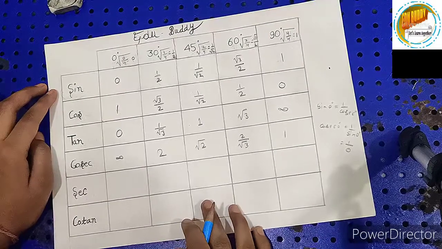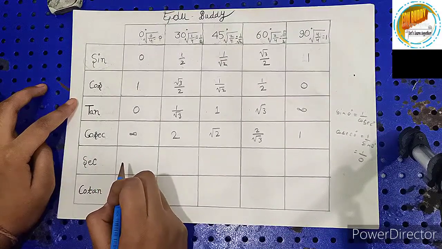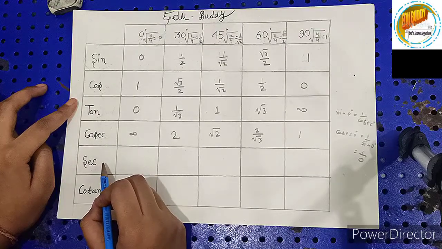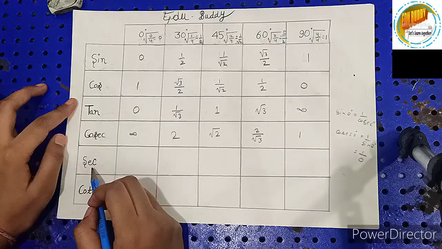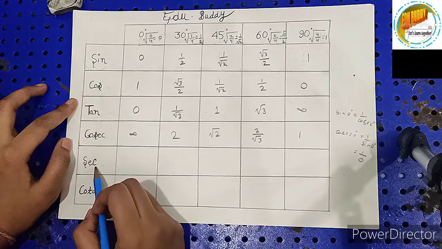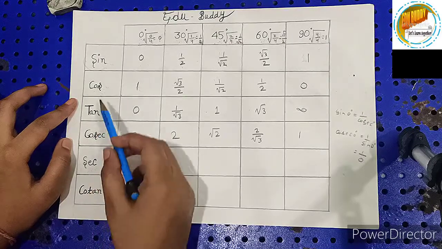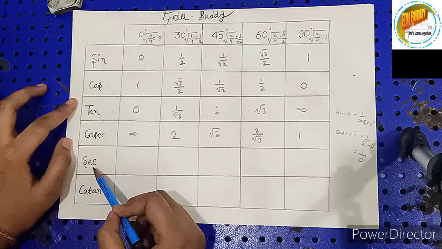Now, like this, the secant function is the fifth trigonometric function. Now we are going to find the values of the secant function. As we know, the secant function is the inverse of the cos function.